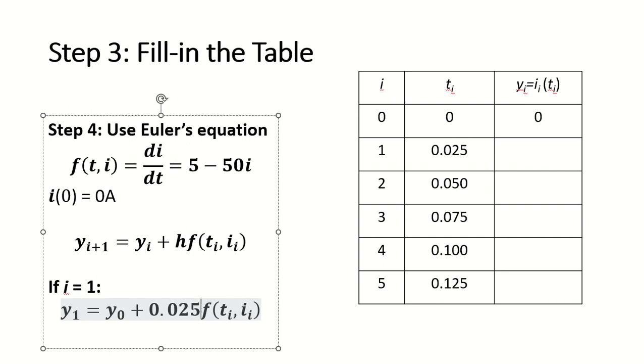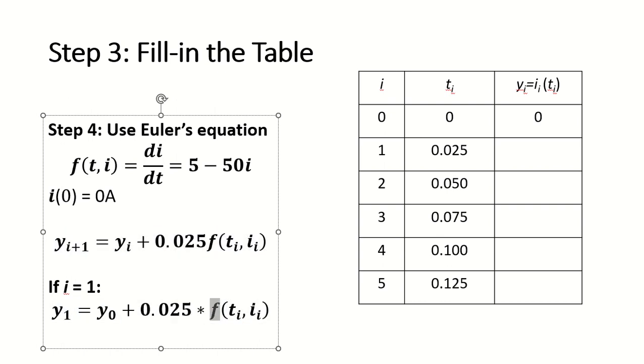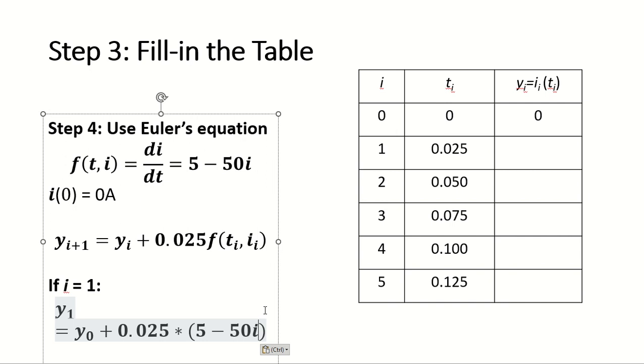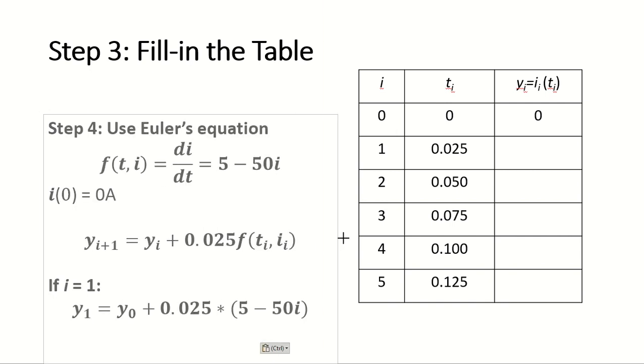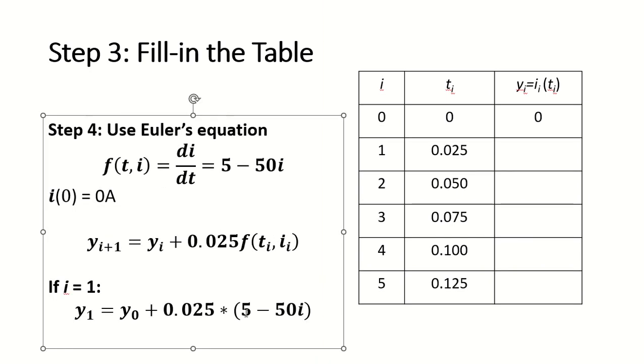0.025, as we said before. So here also can change. Multiply by our function, which is this differential equation. The i here actually is y0.